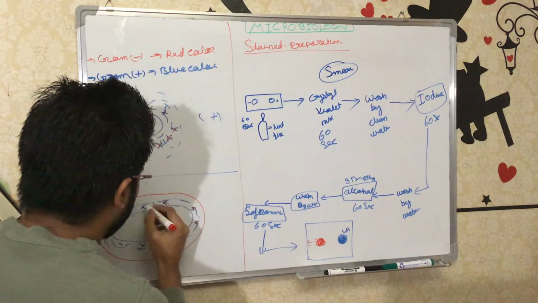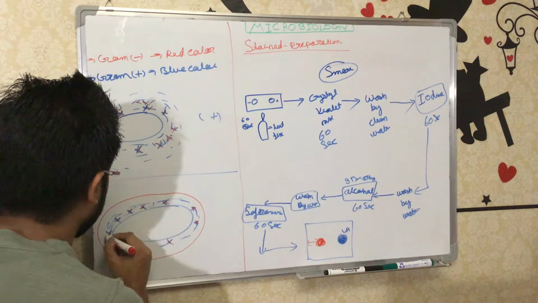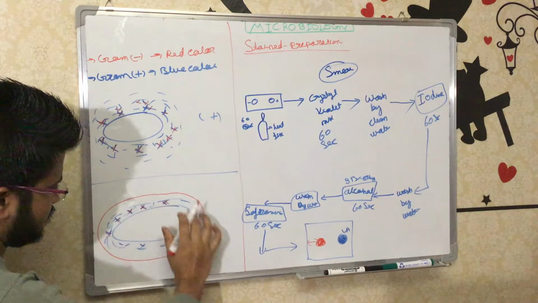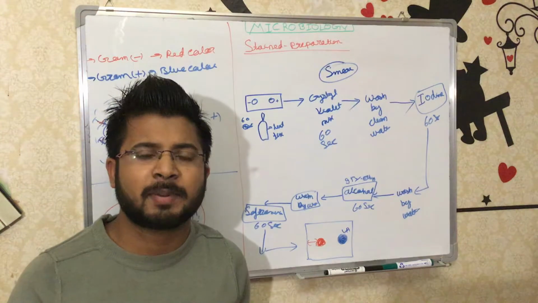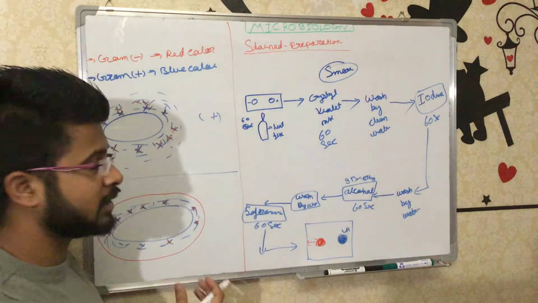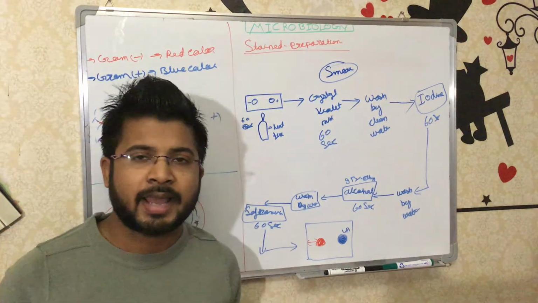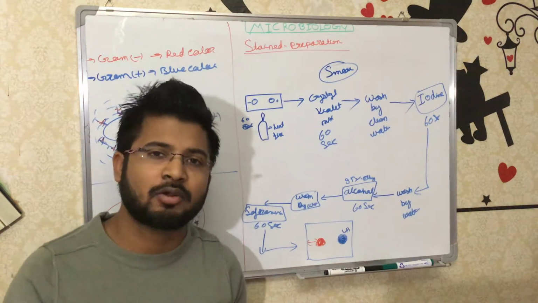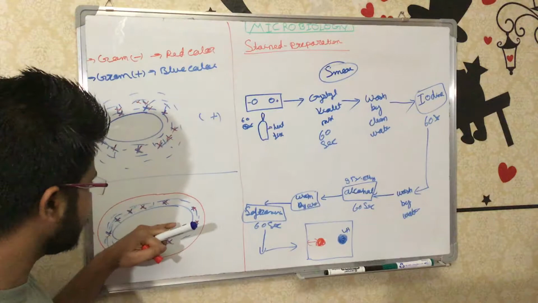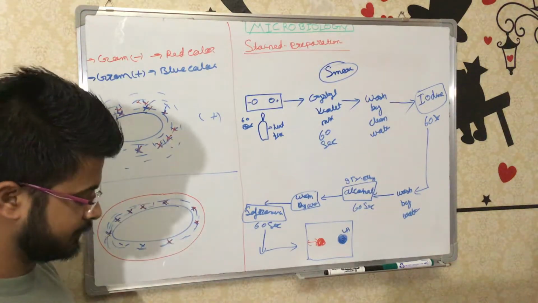But in the gram negative it's very little, because gram negative bacteria have a very thin peptidoglycan layer. But in a gram positive bacteria, there is a lot of peptidoglycan layer. And as we know, the crystal violet and the iodine make the complex in the peptidoglycan layer. Due to this reason, here it is very less and here it is very high.